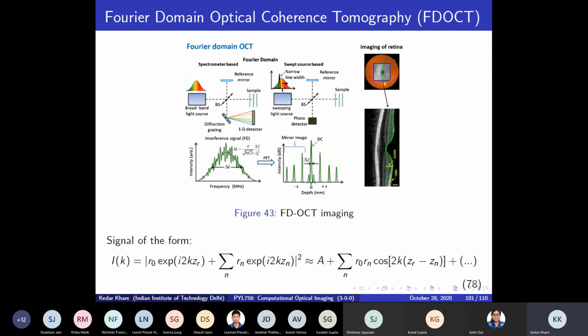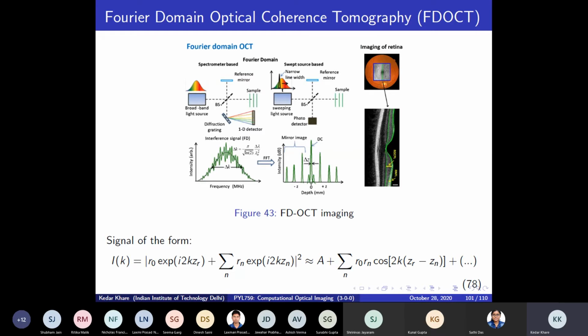If you expand this, taking the two intensity terms, there will be some constant. This is done at every location in xy, so as a function of xy there is a signal that is a function of z and k. The signal has a constant term plus cross terms.